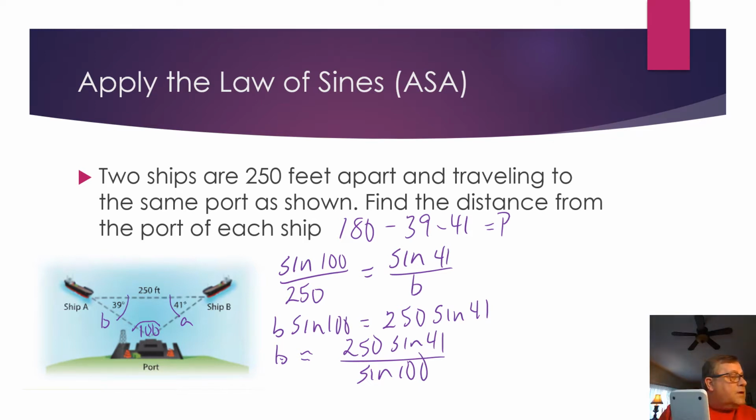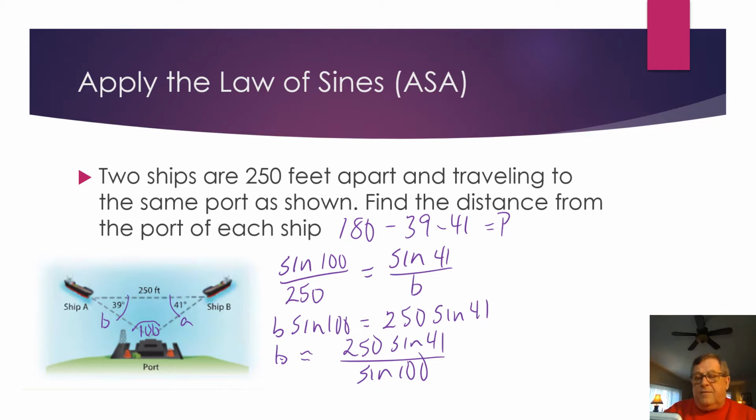So let's go through this calculation. This is actually going to give us the distance from ship A to the port, even though we're using the angle of ship B to find that.